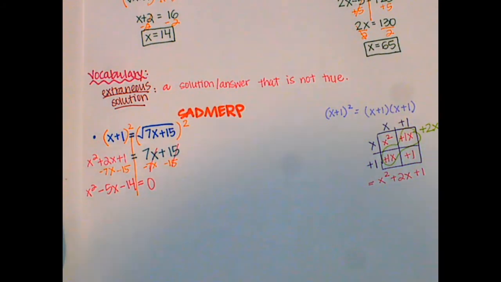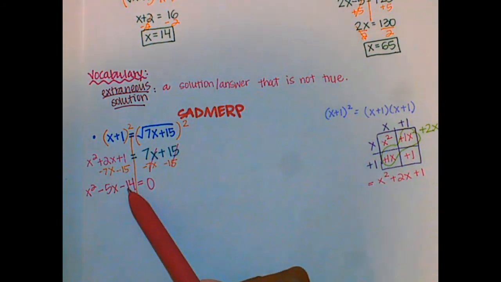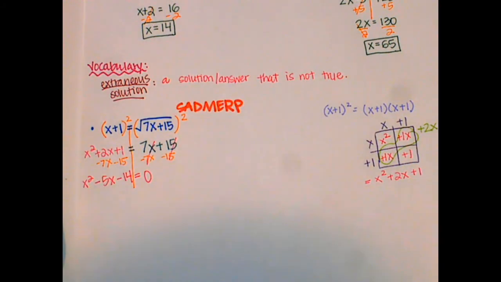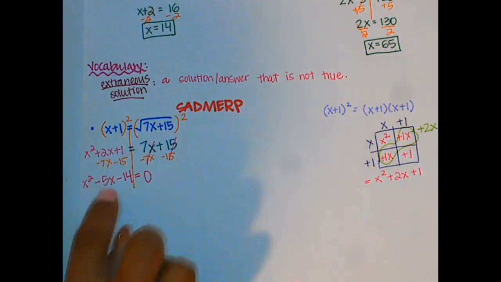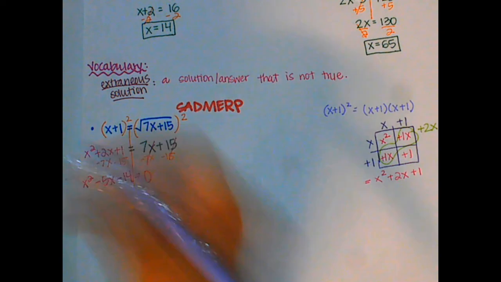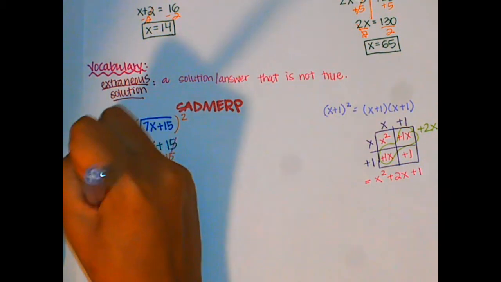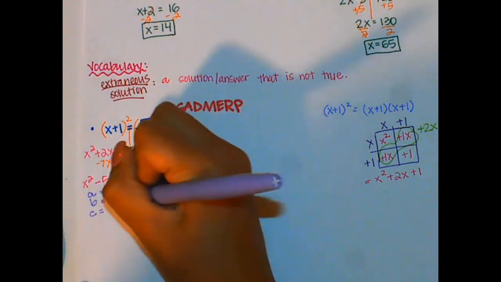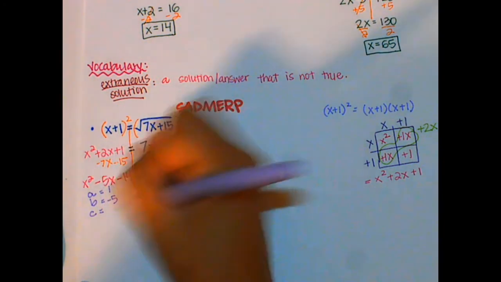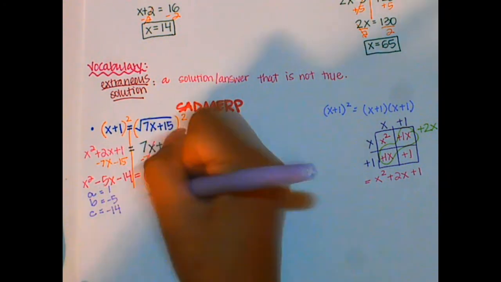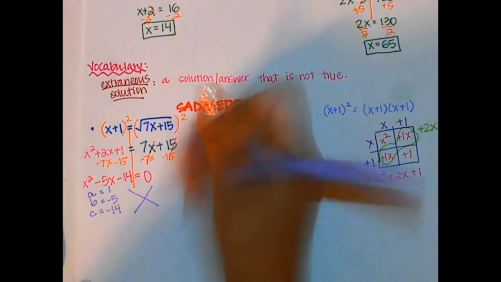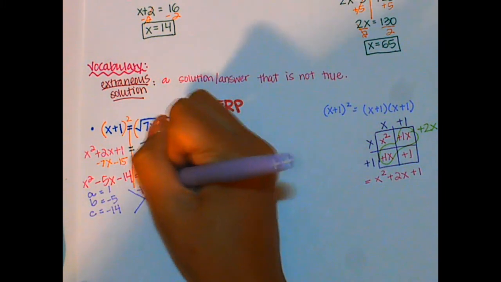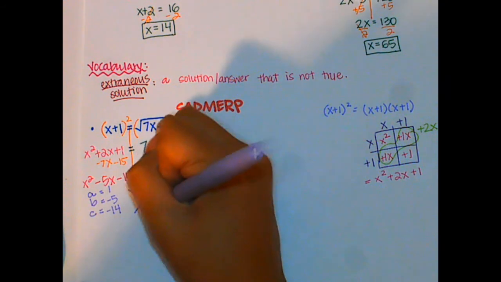Okay. Now this turns just into a factoring problem like we have done in the past. So I am going to take this and label my A, B, and C. A is 1, B is negative 5, and C is negative 14. A times C goes on top, so negative 14, negative 5.